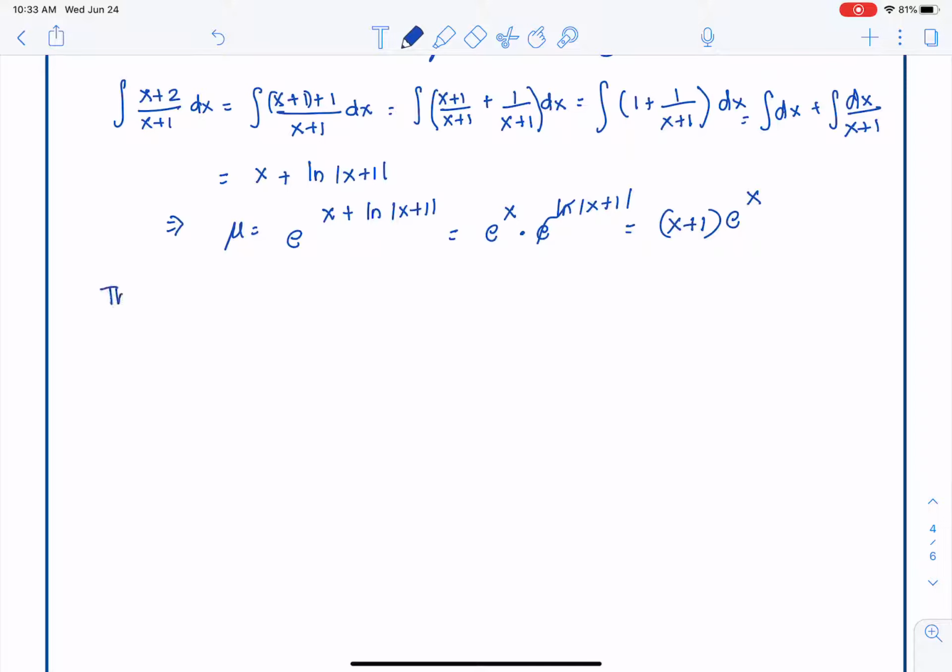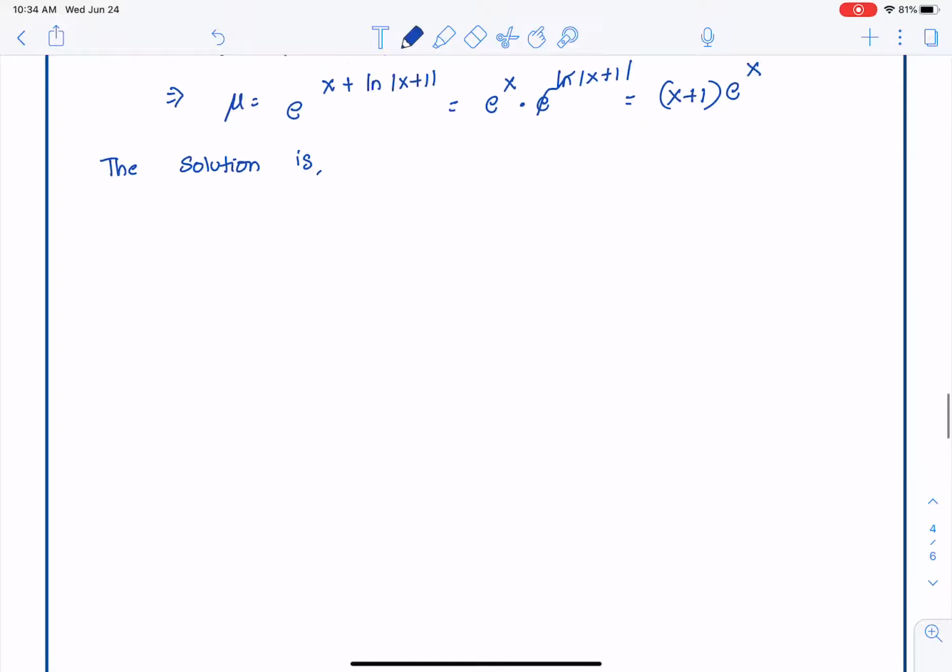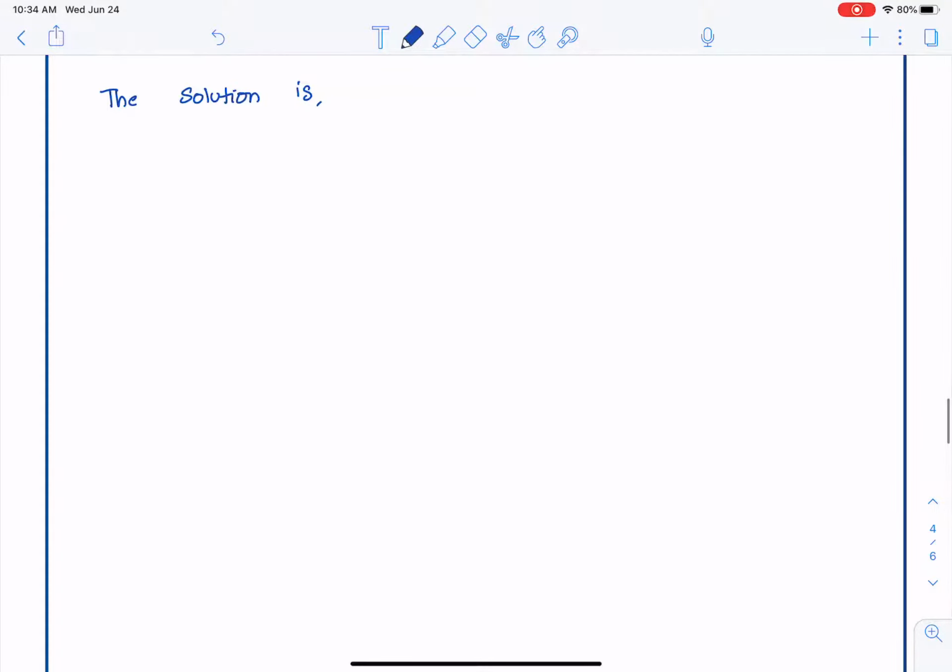So the solution now, y equals 1 over mu integral mu times g of x dx plus c.